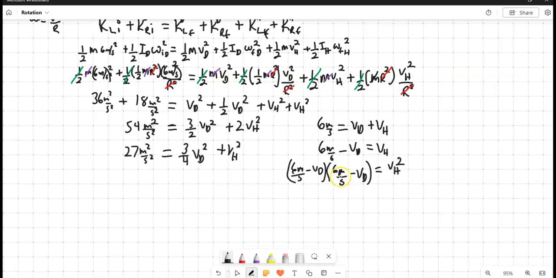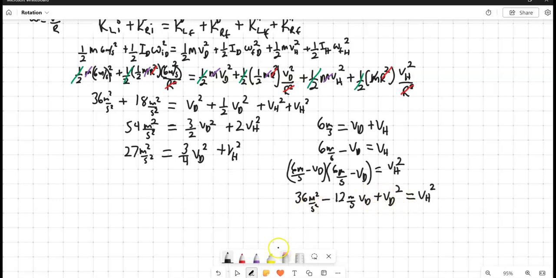So 6 meters per second times 6 meters per second is 36 meters squared per second squared. Then we have 6 meters per second times a negative VD plus 6 meters per second times a negative VD. That's going to be negative 12 meters per second times VD. And then finally, negative VD times negative VD is positive VD squared. And that's going to be equal to VH squared.